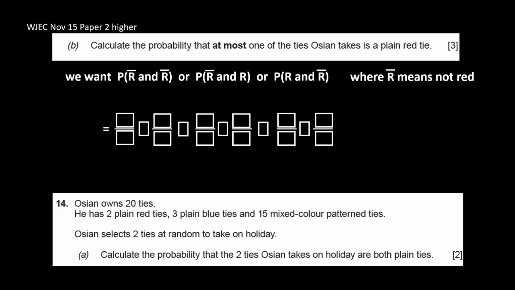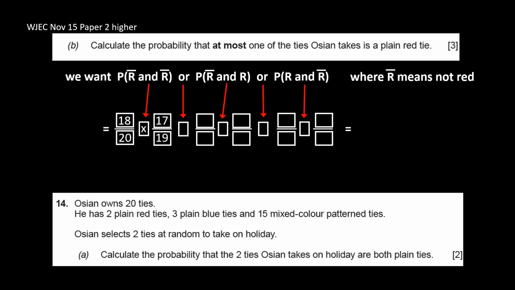Okay, let's have a look. So the 'and's and the 'or's are going to help us fill in those boxes there. So let's have a think. What's the probability of the first one being not red? Well, there are 18 not red ties out of 20. And 'and' means times. Now if he's taken a not red out, that means there are 17 not red ties left out of 19.